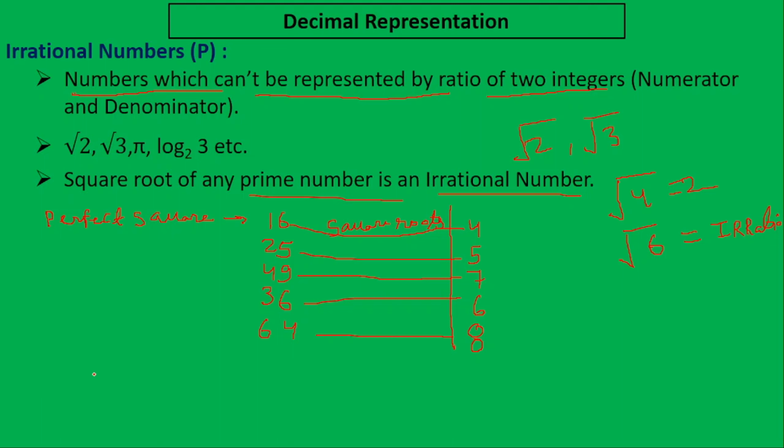Hence the square root of a perfect square is a rational number.